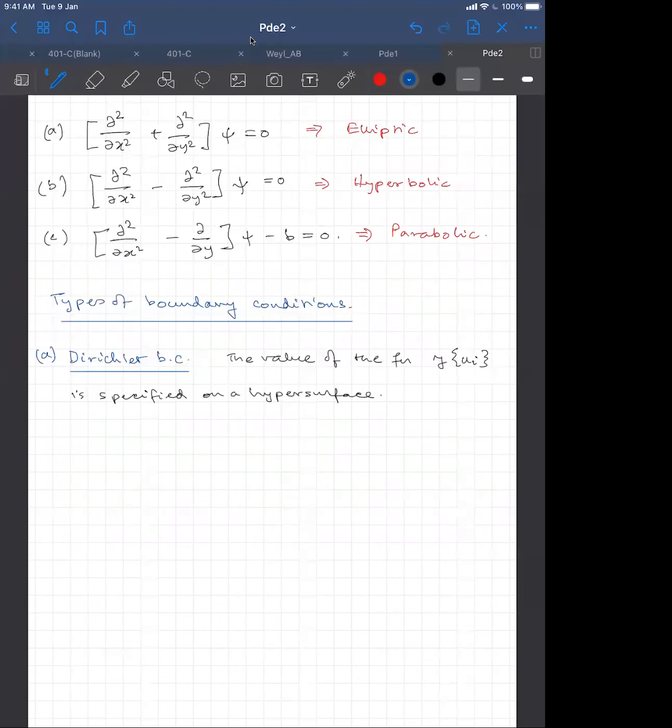Now, there is something called the Neumann boundary conditions. What are these?